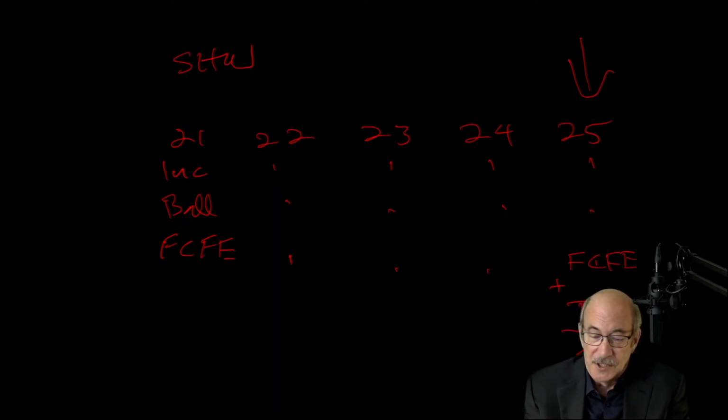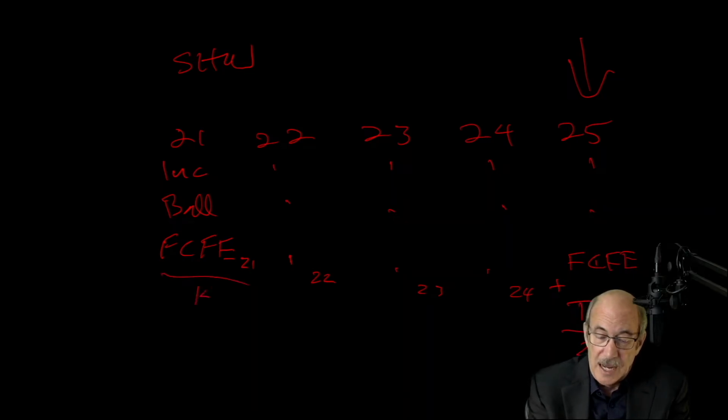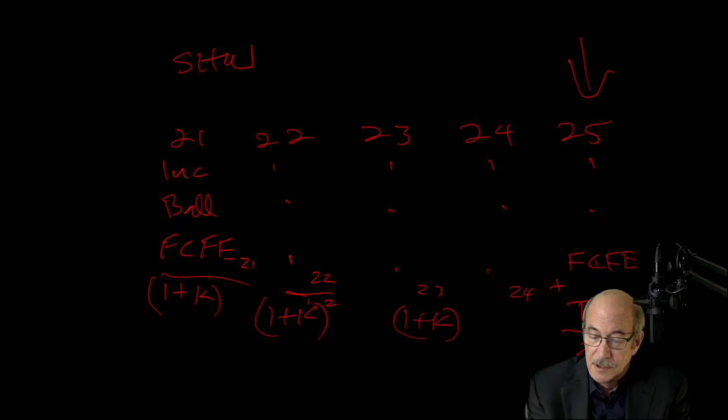All right, so we've got the 21, the 22, the 23, the 24, and the 25 cash flows. We're going to discount those at our cost of capital. It's actually 1 plus K, right? 1 plus K, 1 plus K raised to the third, 1 plus K raised to the fourth, and finally we discount this one by 1 plus K raised to the fifth.